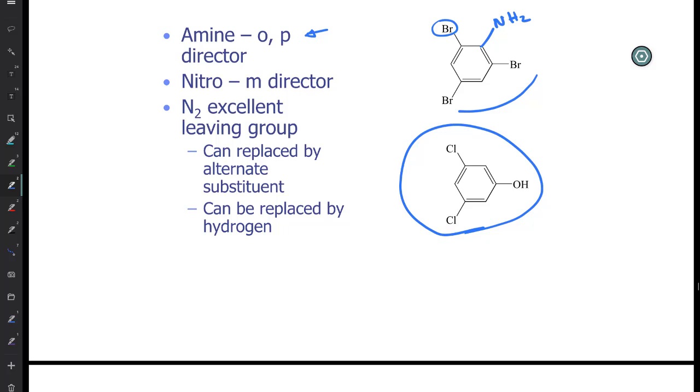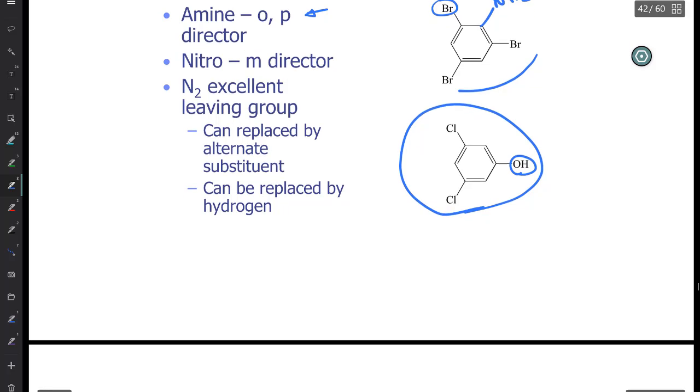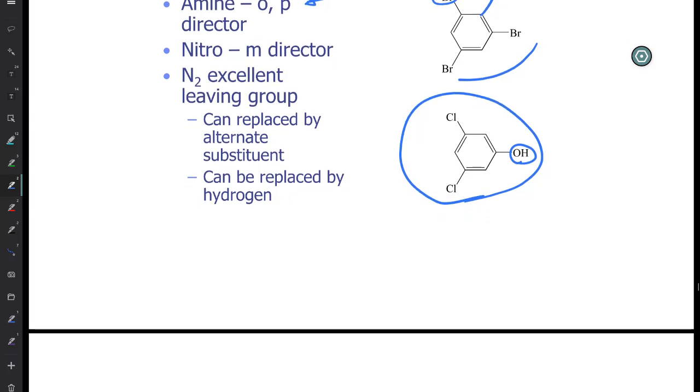So what that means is that the OH must have been something else. It must have been a meta director. That's the kind of thing you have to think about when dealing with diazonium salt reactions: you have substituents in a position that's impossible for the current substituent, so you have to think about what was used to replace that.